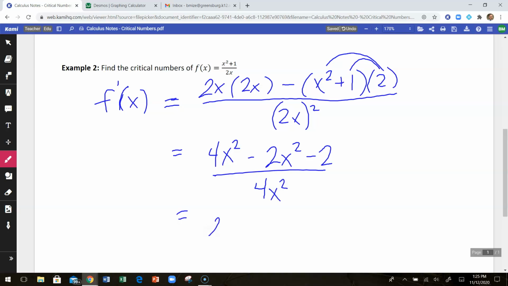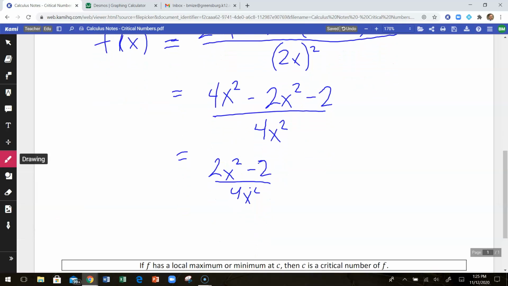So we have 2x squared minus 2 over 4x squared. Now, if your derivative is a rational function, it's going to be equal to 0 when the top is equal to 0. So we're going to take the top and set that equal to 0, and that's going to give us the critical numbers where the derivative was equal to 0.